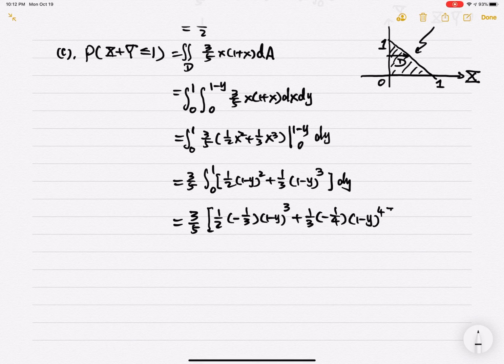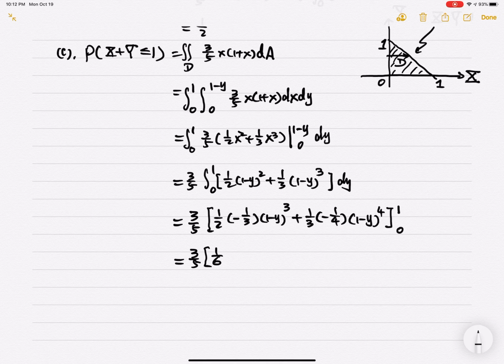Now, here we plug in 1, 0. Usually when we have a bracket, we don't have to put a vertical bar. So this is 3/5. When you plug in 1, that's 0. Minus, when you plug in 0, so 1. So it's a minus, so here's a plus 1/6.